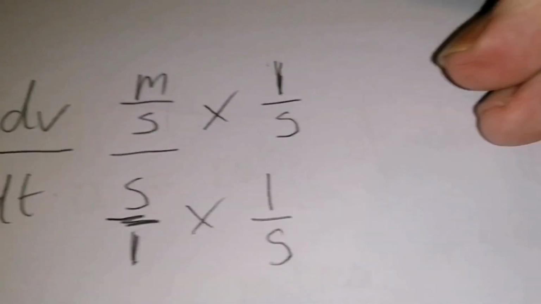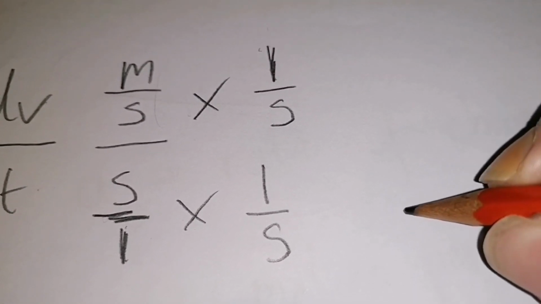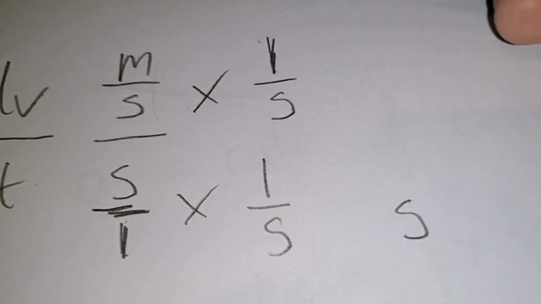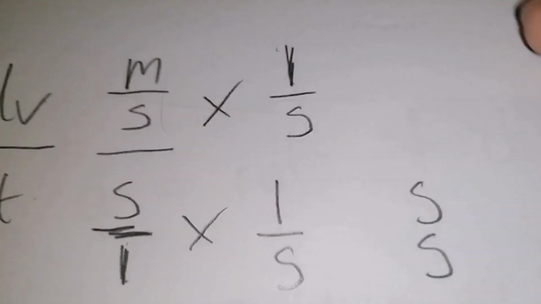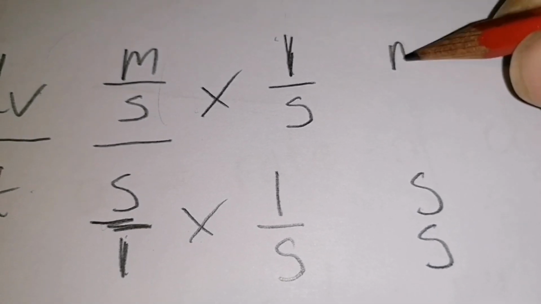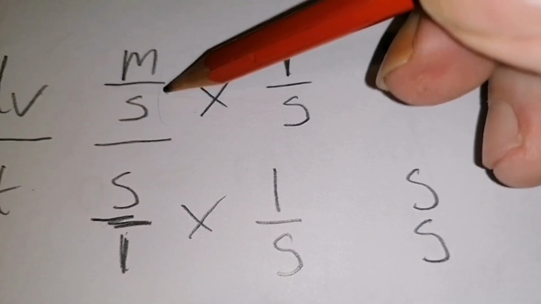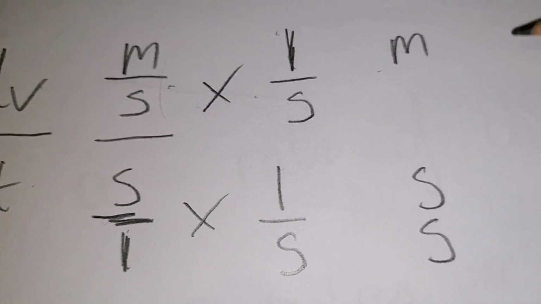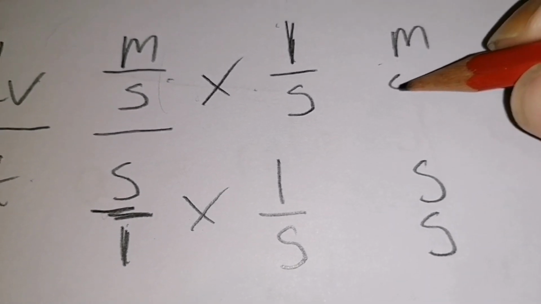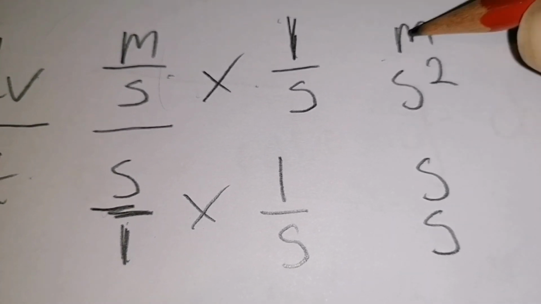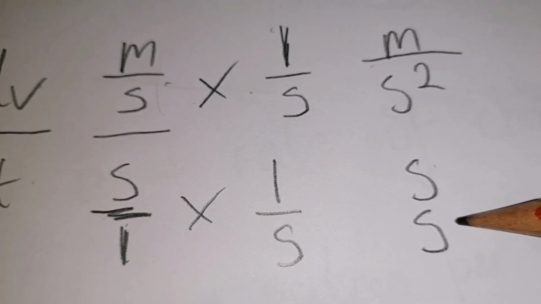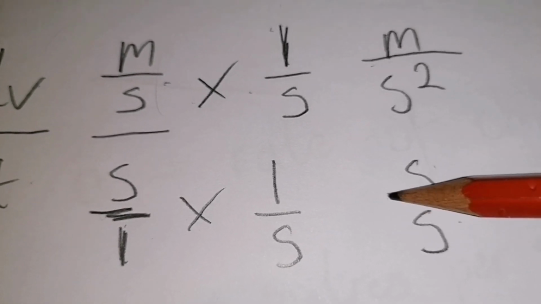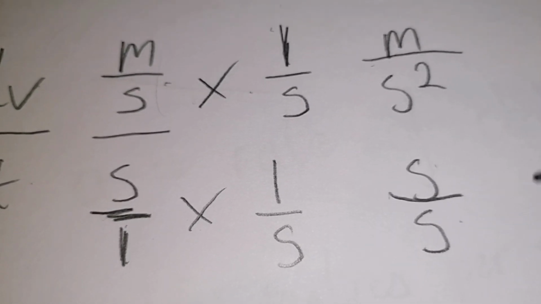So 1s is s, s1 is s, m1 is m, and seconds times seconds is seconds squared. Seconds divided by seconds obviously is 1.